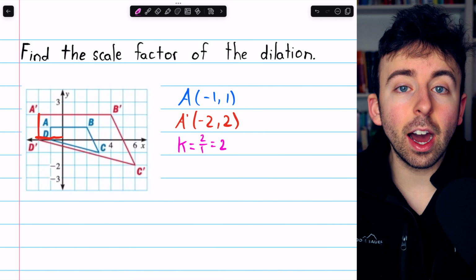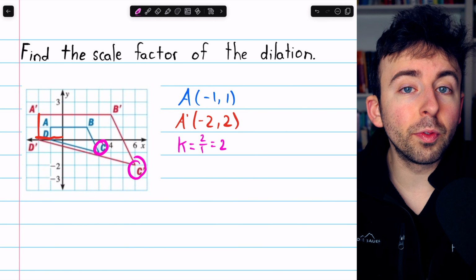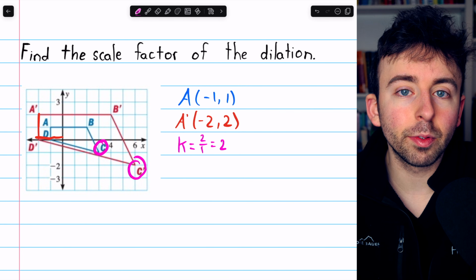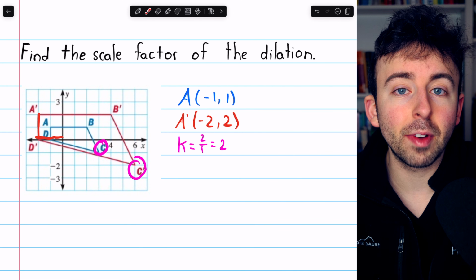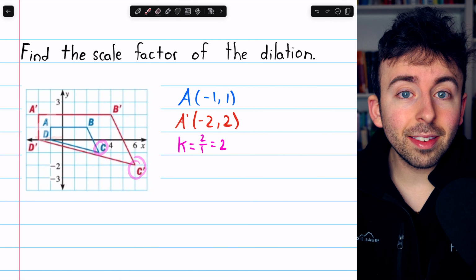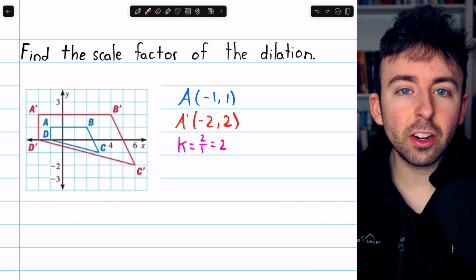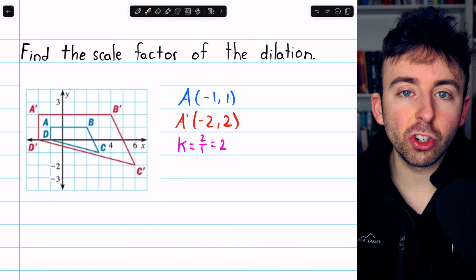Again, if you picked any other pair of corresponding points, like C and C', you would find the same correct scale factor of 2, suggesting that the figure was increased by a factor of 2, which agrees with our observation in the picture. And that's how you find a scale factor of a dilation. Just pick two corresponding points and divide the coordinates of the transformed point by the original point.